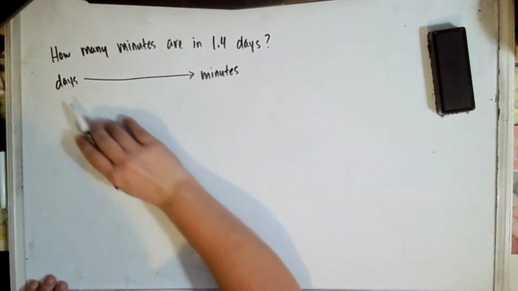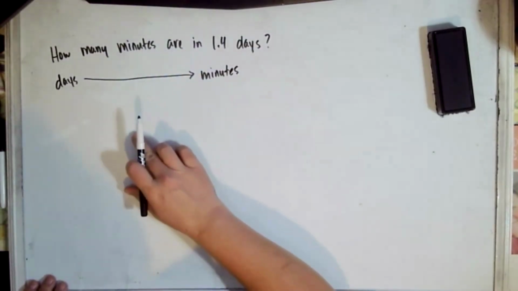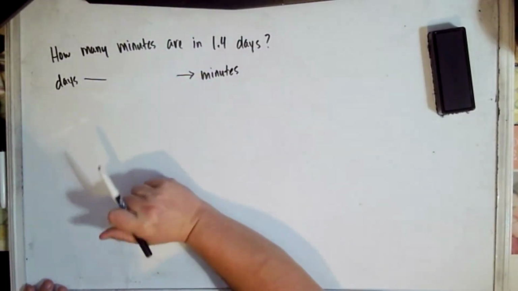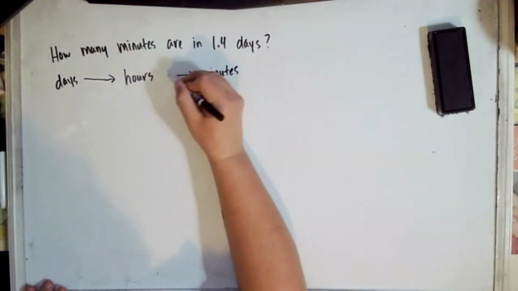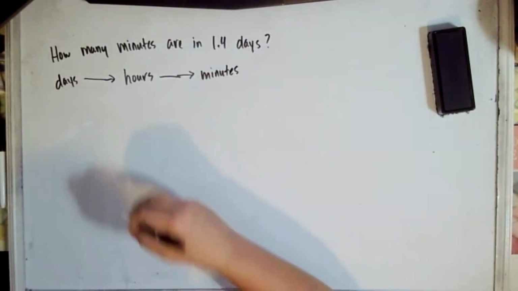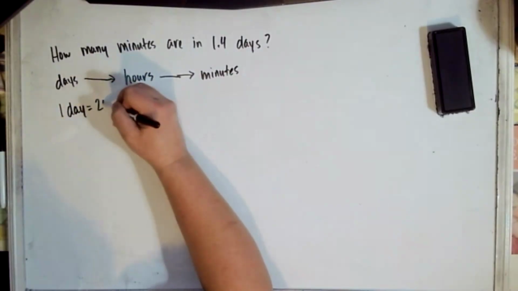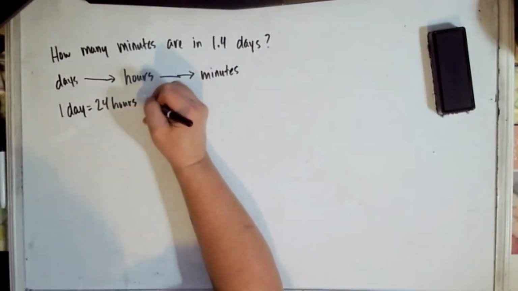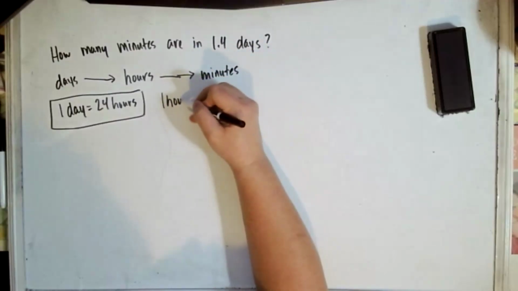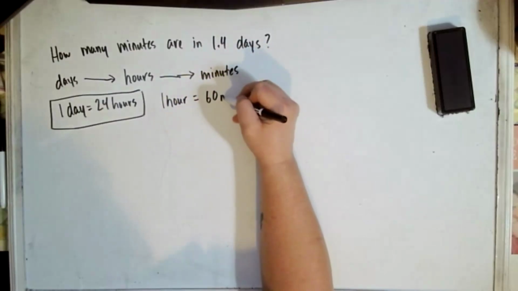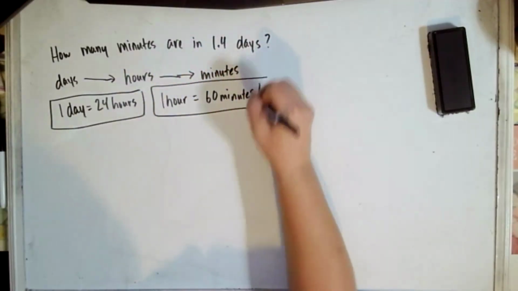This is the unit that we need. But we are likely not going to do this in one step unless you know that conversion off the top of your head. We're going to have to go from days into hours and then from hours into minutes. And so our equalities are going to be that for every 1 day, there's 24 hours. And then for hours and minutes, every 1 hour is 60 minutes. And these are all exact numbers because they're all definitions.